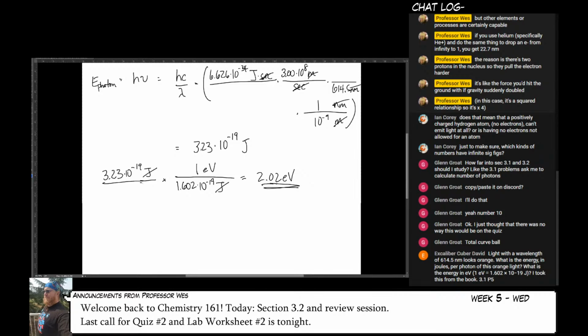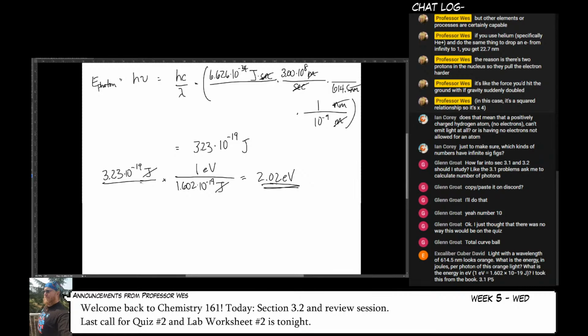So we don't use electron volts in this class, but it is a common enough unit. I'm just not super familiar with them. Physicists love electron volts. They use them all the time. I just use joules because that's what's been drilled in my head, and also it's an SI unit.